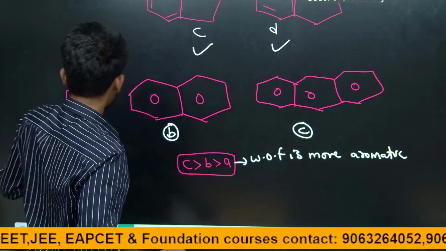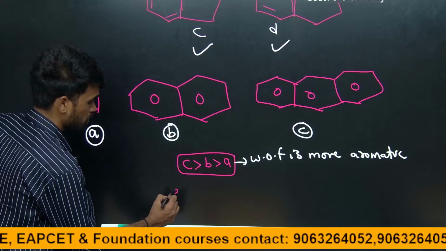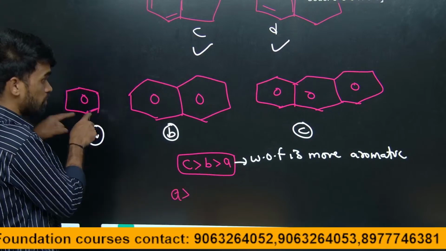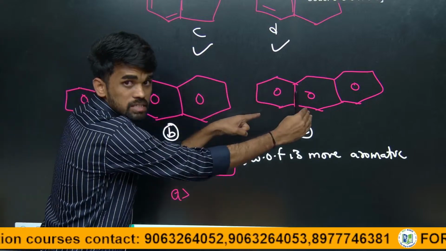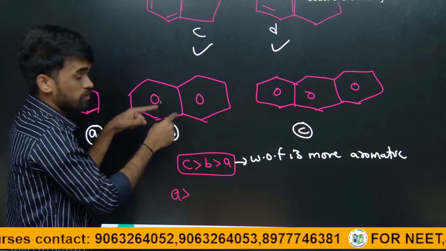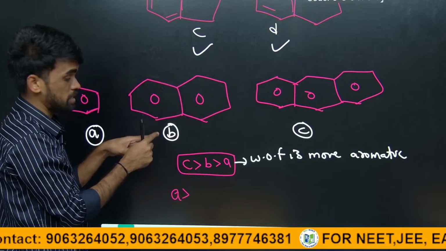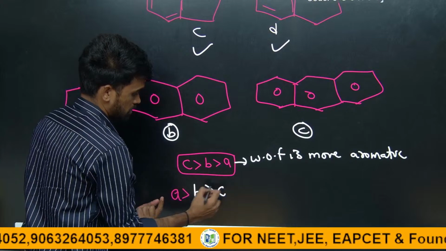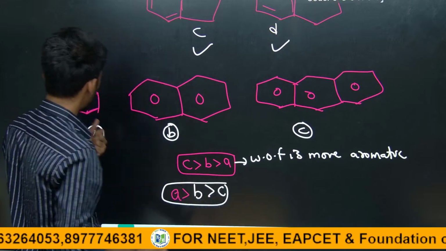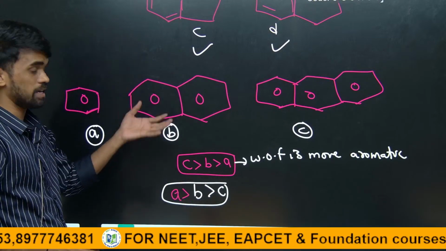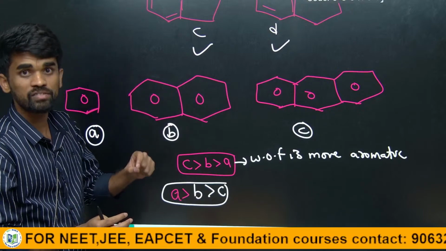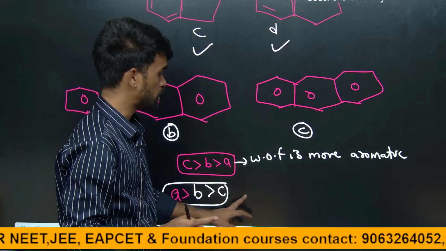You should go with option A. So if they ask only per ring aromatic nature, you should go A, then B, then C. So as the number of rings increases, aromatic nature per ring decreases. That's what you need to understand here.